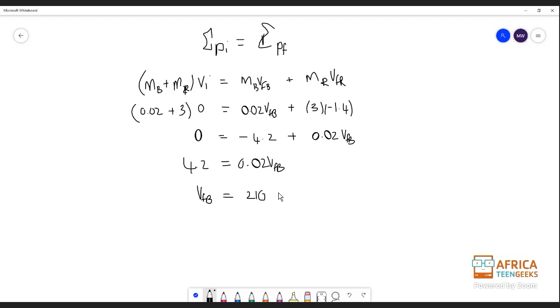Yes, well done, Peter. 210 meters per second. And always remember to give it a direction. So 210 meters per second to the right. And that's your answer.